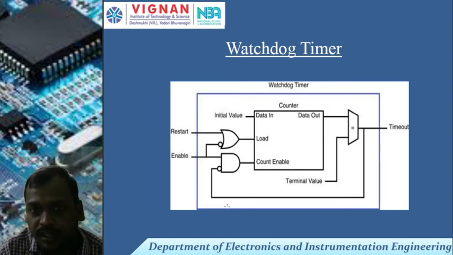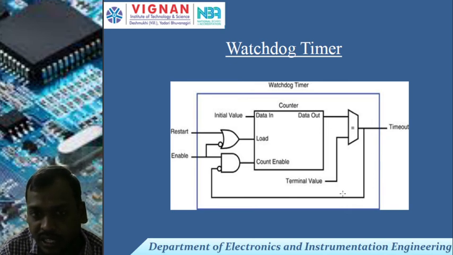The watchdog timer is used to reset the operation, that is, to restart. Here you know the OR gate and AND gate operation. For the OR gate, inputs 1 1 give output 1, 0 0 gives 0, 0 1 gives 1, and 1 0 gives 1. For the AND gate, only when both inputs are 1 is the output 1; the remaining states give 0. Observe the initial value, counter and data out.